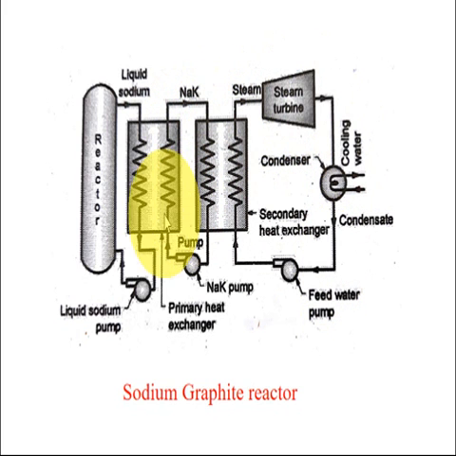And here two circuits are used: primary heat exchanger and secondary heat exchanger. This is because liquid sodium is very corrosive in nature, and that's why two heat exchangers are used in the liquid sodium graphite reactor.